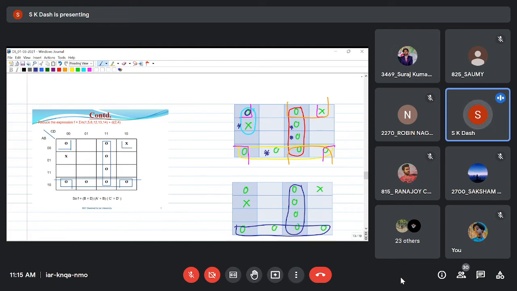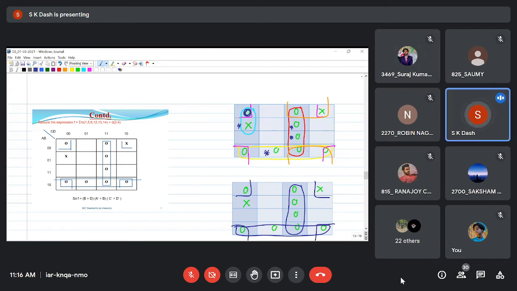A single zero is remaining. So next, I need to form a combination to cover that zero, using the minimum number of combinations, that too a bigger combination. See here. This zero can be covered either using this quad or this pair. Out of these, which is a bigger combination, quad or pair? Quad. So we'll go for this quad.